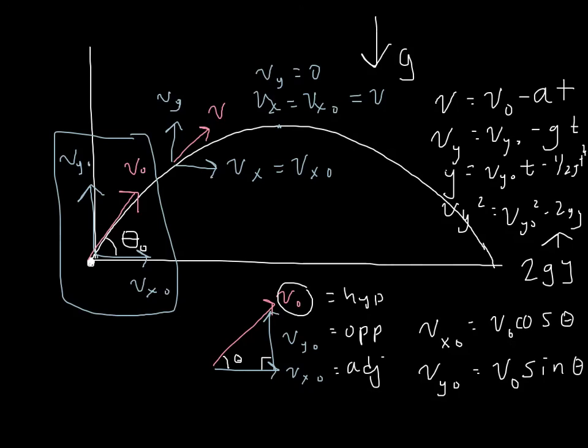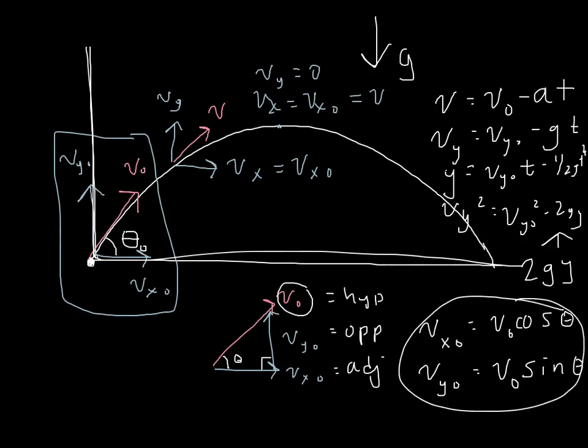So a problem-solving strategy to help you would be to select a coordinate system like we did here, resolve the initial velocity vector into x and y components, so that's what we did down here, treat the horizontal motion and vertical motion independently, so keep them separate during your calculations.